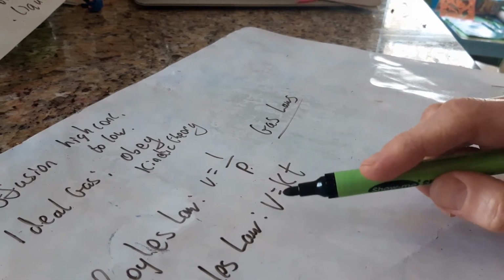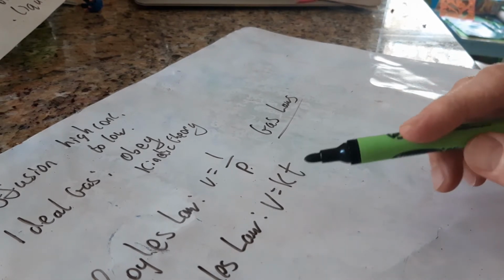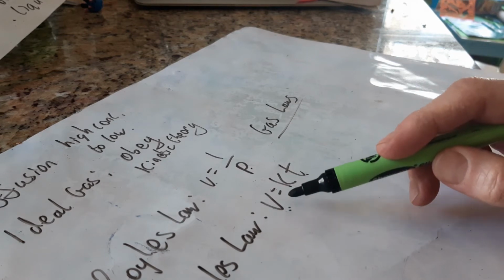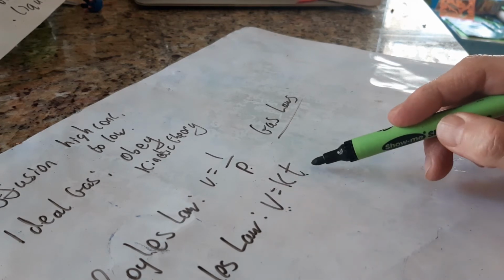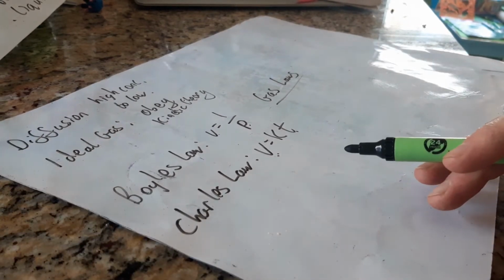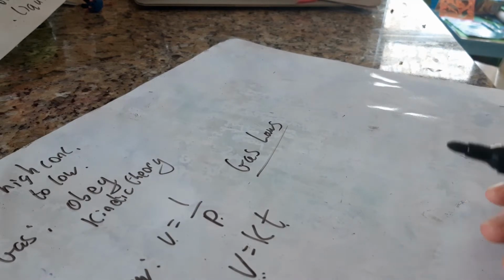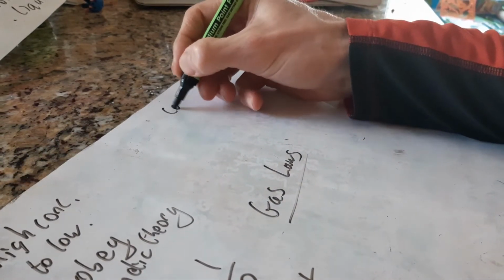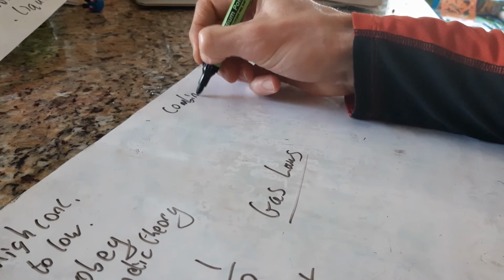K is the constant, V is the volume, T is the temperature. In other words, the greater the temperature, the greater the volume. Another way of saying that is gases expand when they get warmer, which again, you're familiar with already from lots of different things.